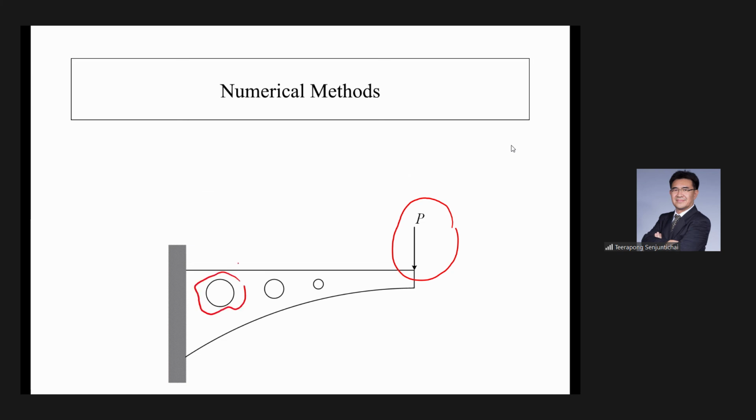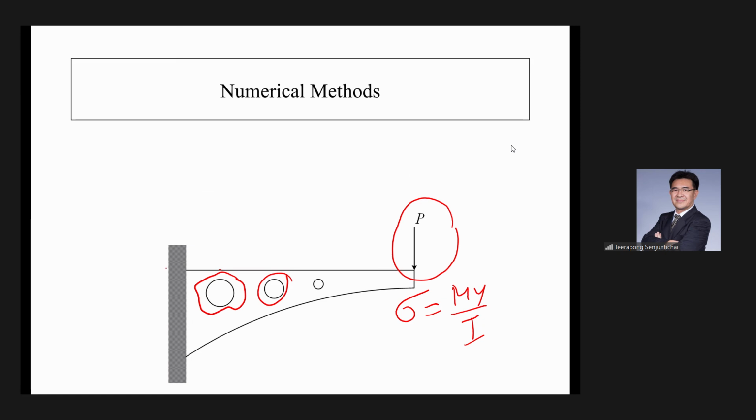But if I want to find the accurate stress around this hole, the distribution of stress, we know the flexural stress due to the beam, right? My over I or Mc over I. That would be possible if your beam is, of course, thin enough.